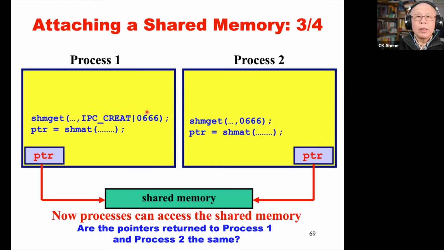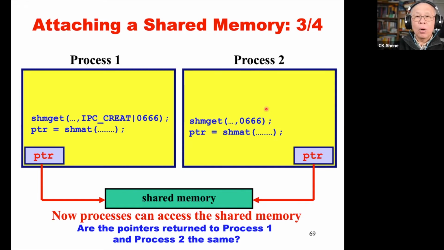And then if process 1 and process 2 use the same small integer, say process 1 uses the character X, process 2 uses the same character X, then it is guaranteed that when ftok receives 2 identical arguments, the returned key would always be the same.